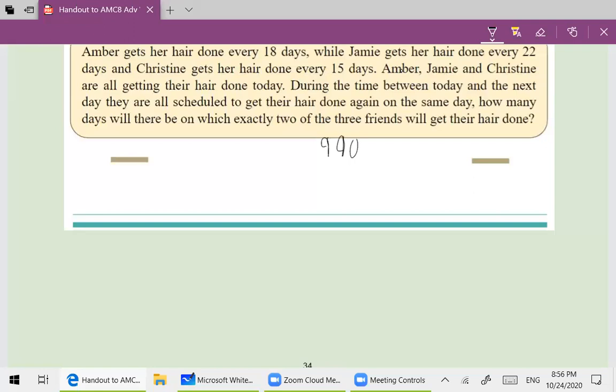Okay, so LCM of 18 and 22 equals 198. So this is 4 days in common for A and J. For A and C, LCM of 15 and 18 is just 90, which is a total of 10 meets.